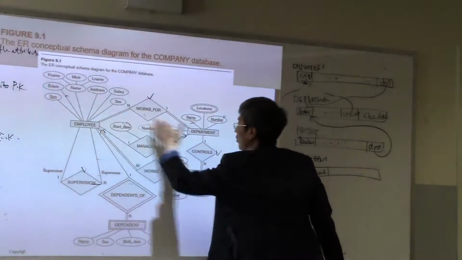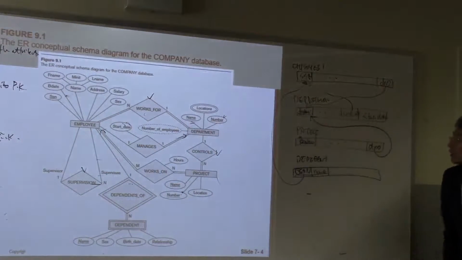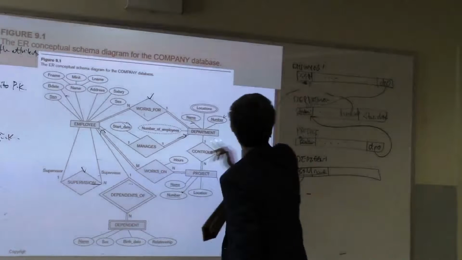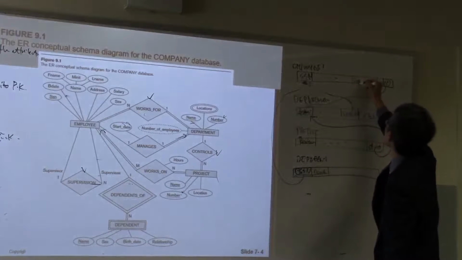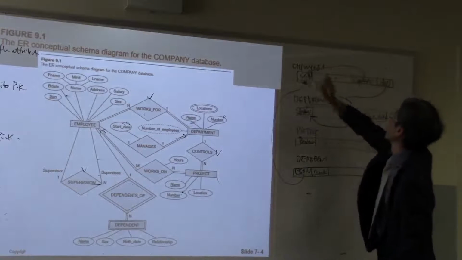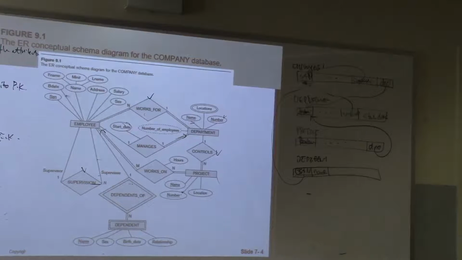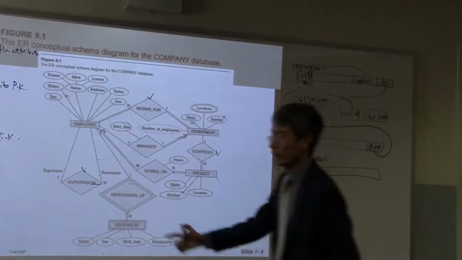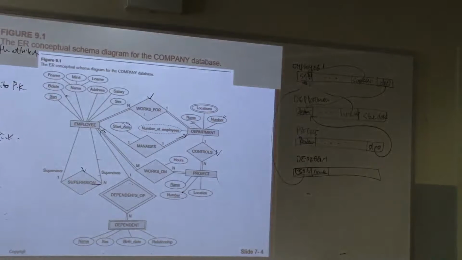It's a many side, one side. And what else? Supervisor. So we have super SSN refers to SSN. Okay? That is the mapping of the one-to-many, many-to-one relationship.